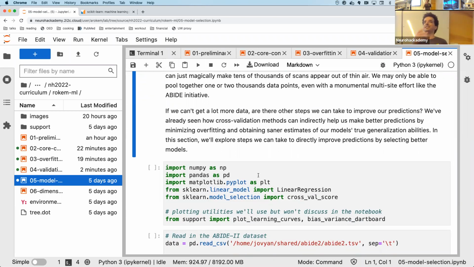I imagine you have many. Yes. Can you also do validation for unsupervised learning? Yes, I think there are methods to do validation on unsupervised learning as well. For example, imagine the dimensionality reduction setting.